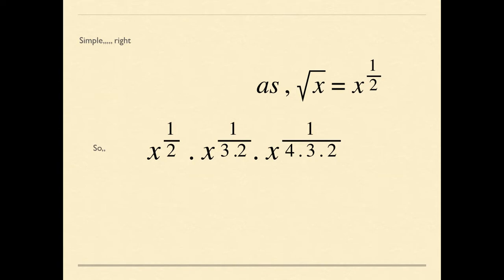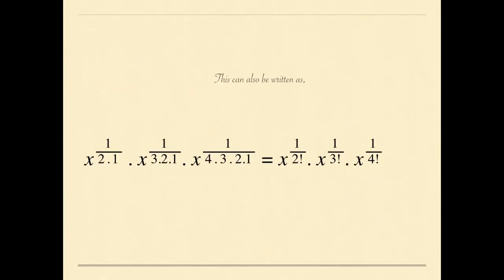Now what I do is multiply the denominators of the power terms, so I multiply every power's denominator by 1. So I'll get x to the power 1 by 2 times 1 times x to the power 1 by 3 times 2 times 1. That's a basic understanding that it's a factorial term.